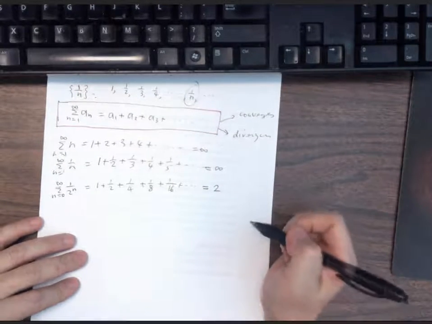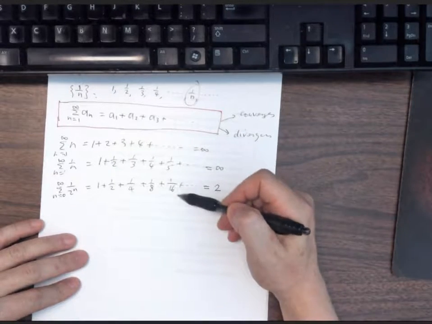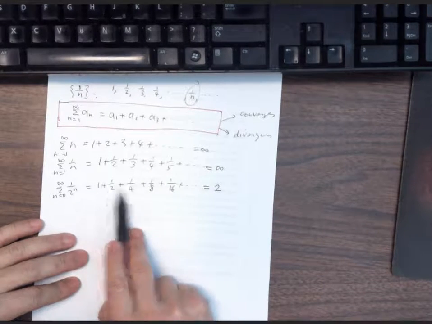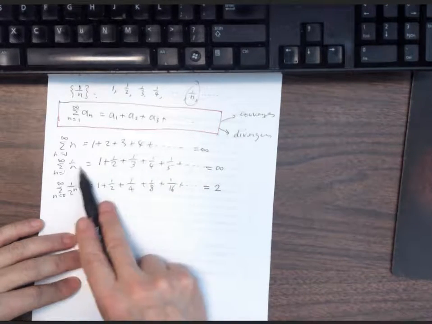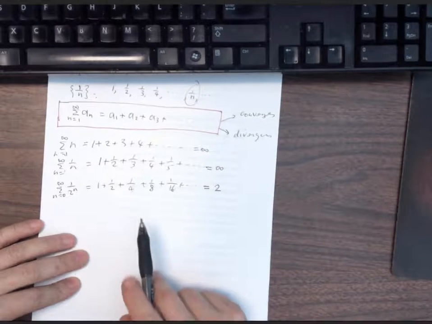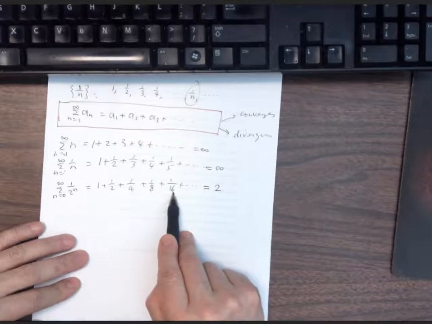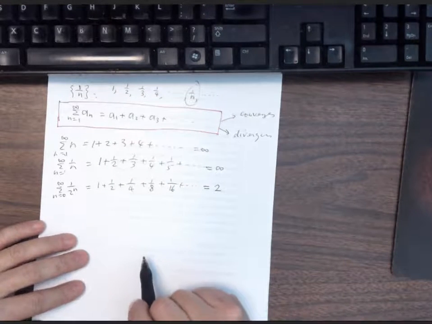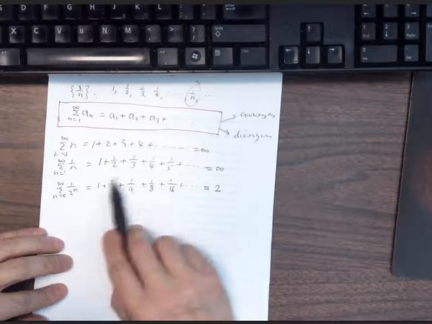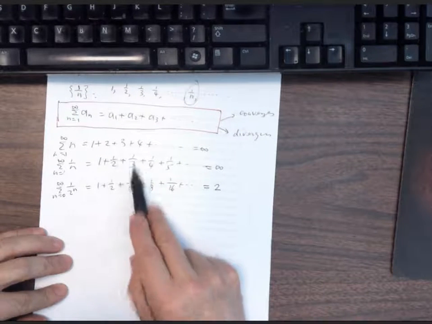Now, here's the question. When we compare those two series, the terms involved all approach 0. 1/n approaches 0. 1/2 to the nth power approaches 0. Yet this one diverges and this one converges. One thing we can see is that those numbers approach 0 faster than those numbers. You can see just by comparison.